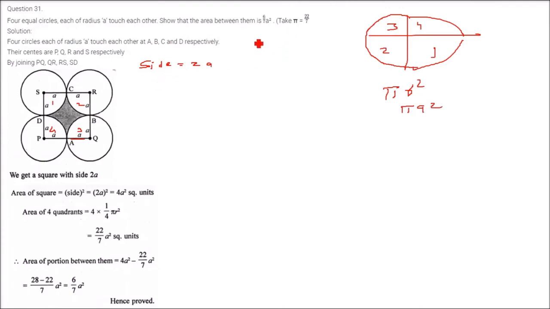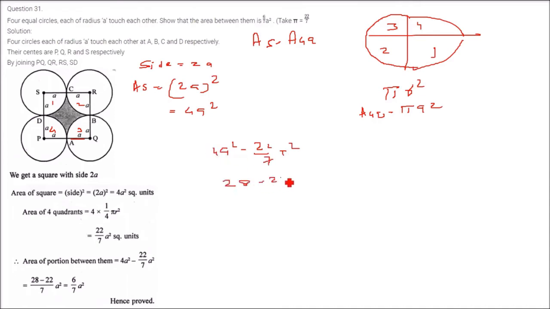And the area of the square will be 2a whole square, that is side square, so it will be 4a square. We have to subtract these two. So 4a square minus pi, that is 22 by 7 a square. This is going to be 28 minus 22 by 7 a square, and this is 6 by 7 a square. This is what was expected.